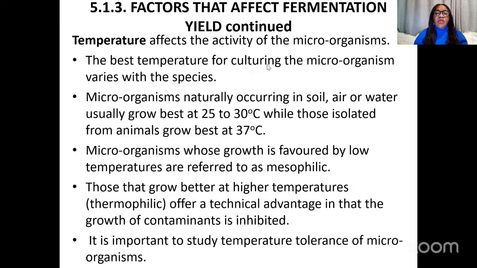Okay, so we have to give the best temperature to the microorganisms for their optimal activities. So for microorganisms that grow naturally in soil, water, and air, those ones work best at the temperature between 25 to 30 degrees centigrade. And those that are isolated from animals, they grow best at 37 degrees centigrade.